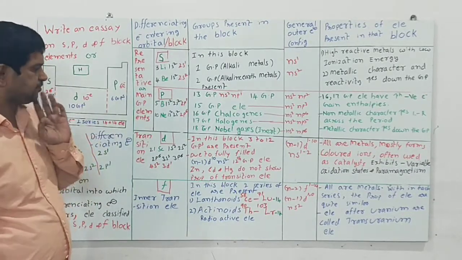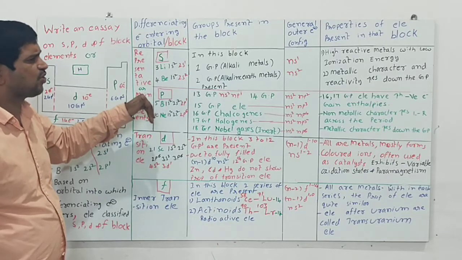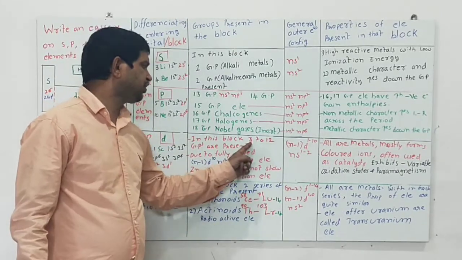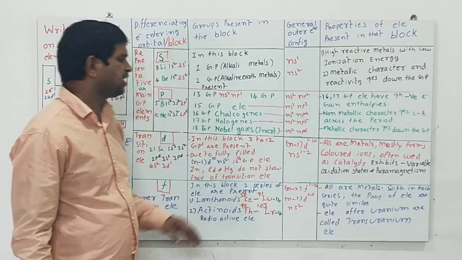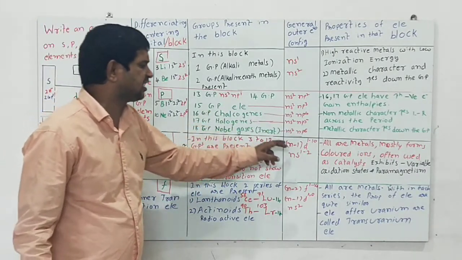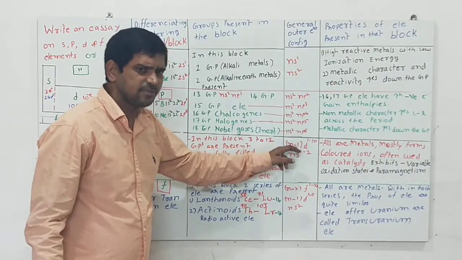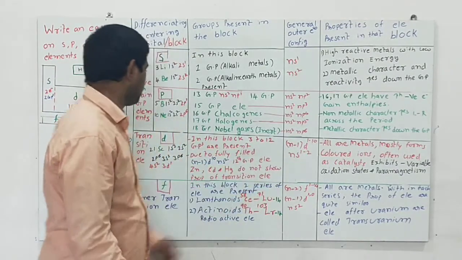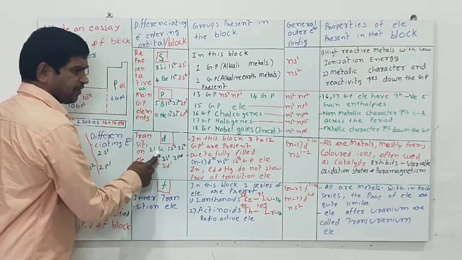Now, D block elements. These elements are known as transition elements. In this block, we have 3 to 12 groups of elements and their general electronic configuration is (n-1)d1 to 10 ns2. Example, electronic configuration of scandium.